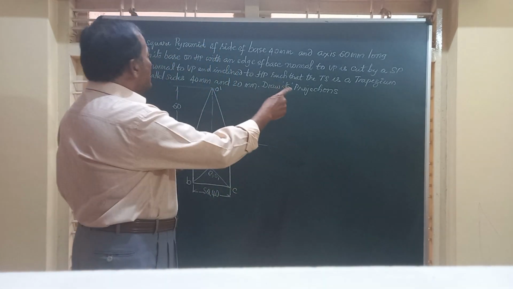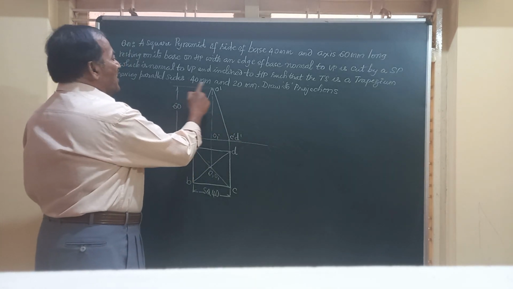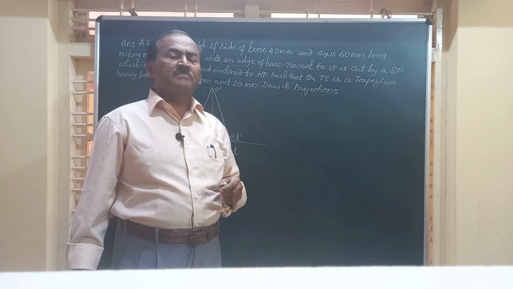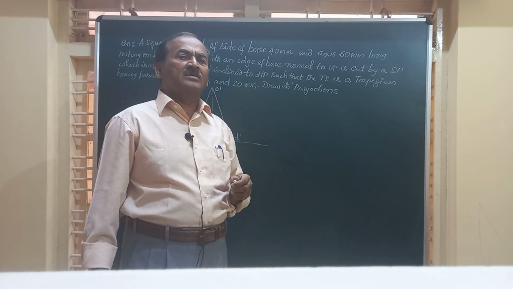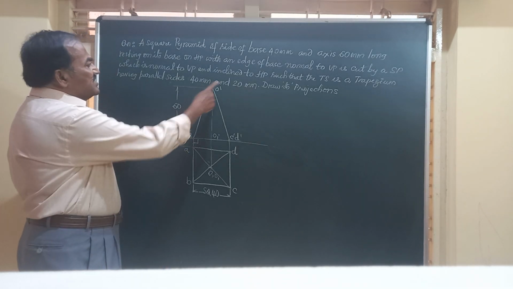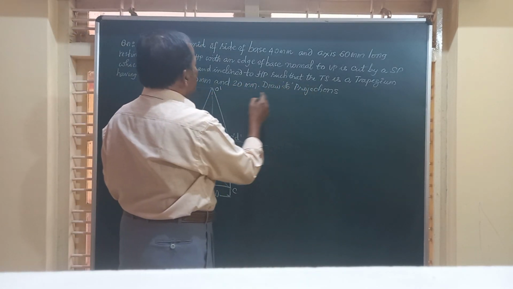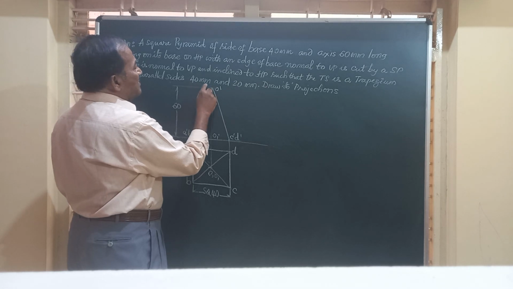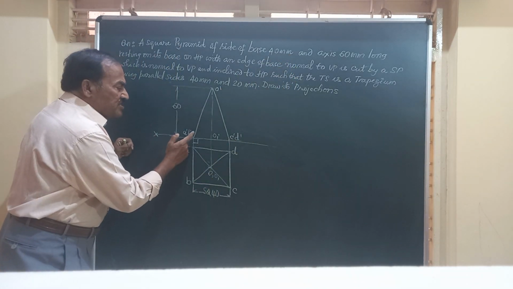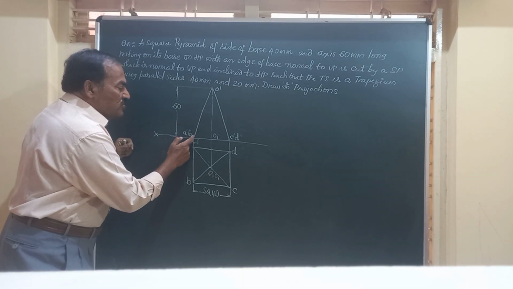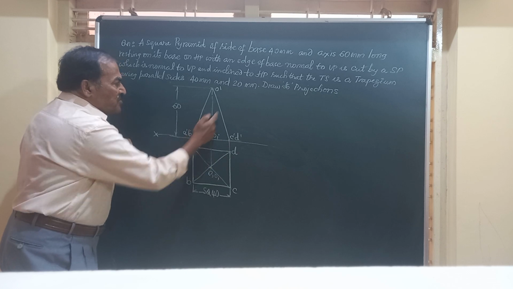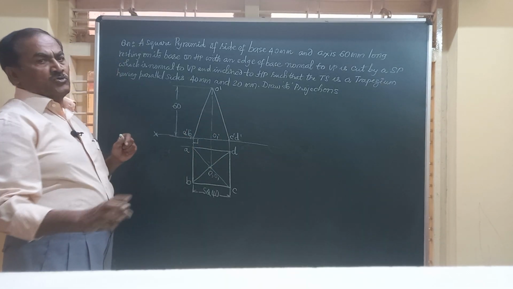And he says that trapezium is going to have 40 millimeter and 20 millimeter as the dimensions of the parallel sides. Friends, here is a clear indication: since it has the dimension of 40 mm and the base is also 40, the section plane should necessarily pass through one of the base edges, either AB or CD. And what angle, we do not know.